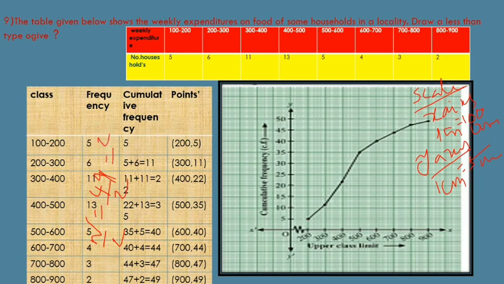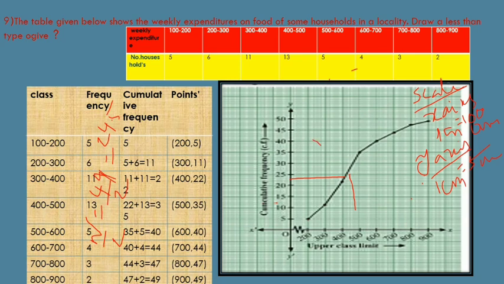I got one less than cumulative type ogive, and from this also you can get the median in the same way as earlier. Take n by 2, that is 24.5. From 24.5, draw one straight line to the curve.